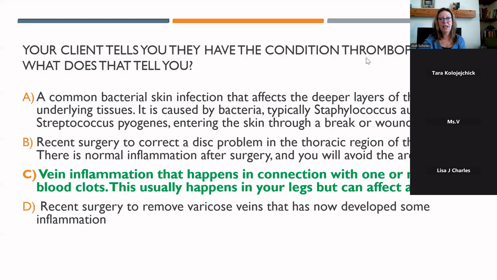This is also the name given to DVT, deep vein thrombosis. That means clots. Thrombosis is clots. So, deep vein thrombosis, clots, usually in the leg, that they're keeping an eye on or have given the client blood thinners. Yes. Good.